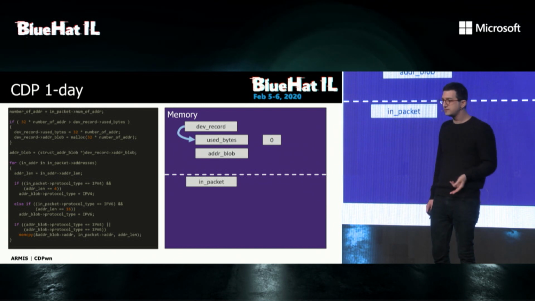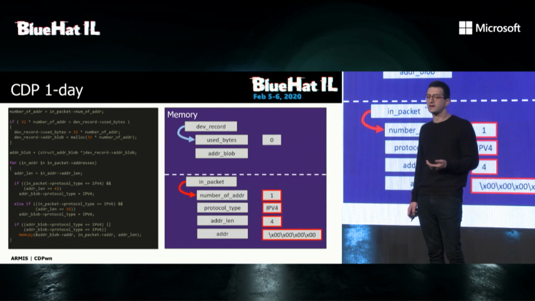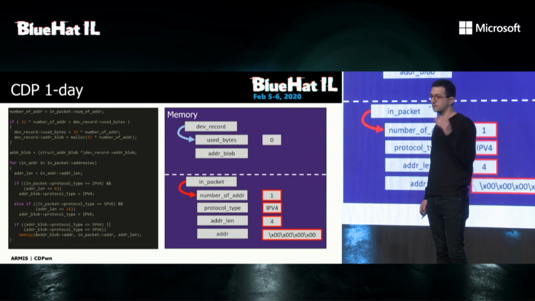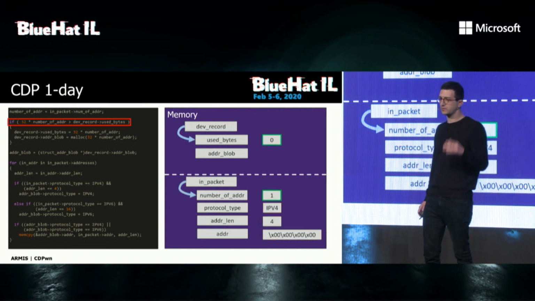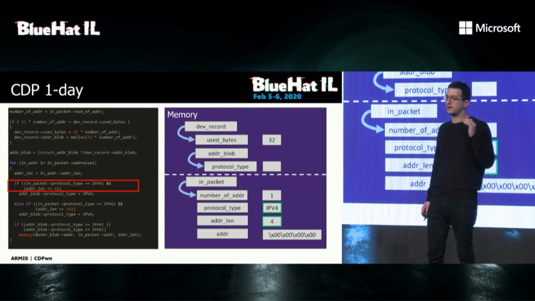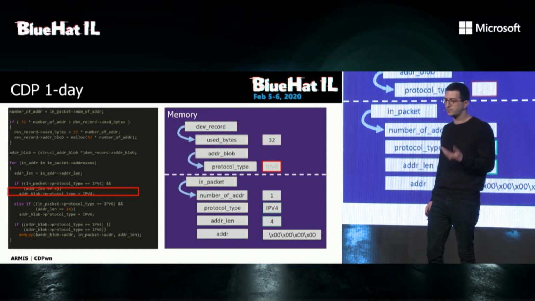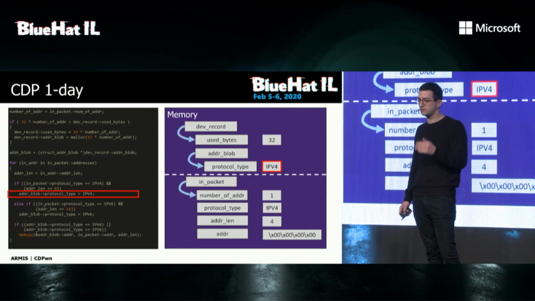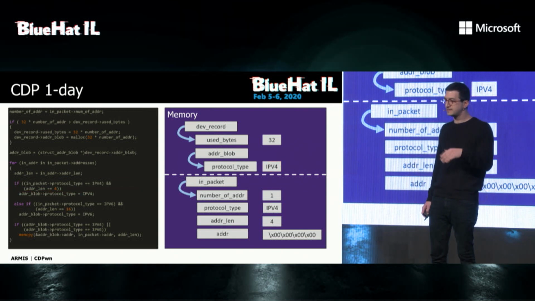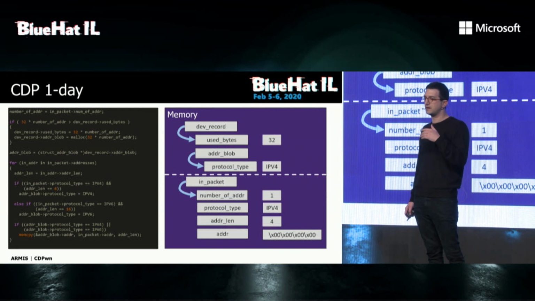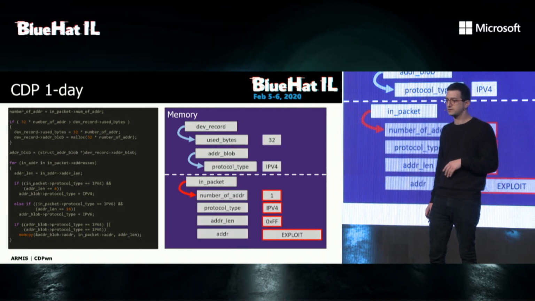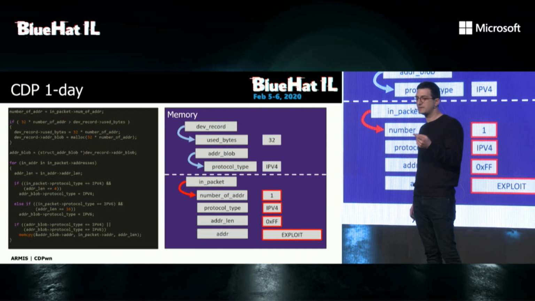An attacker can send 2 CDP packets. The first one is a legitimate packet with an IPv4 address of 4 bytes. So an address blob would be allocated, and then this condition would be good, and the protocol type would be set accordingly. And then a second packet can be sent, this time with an address length that is large, but the same number of addresses.